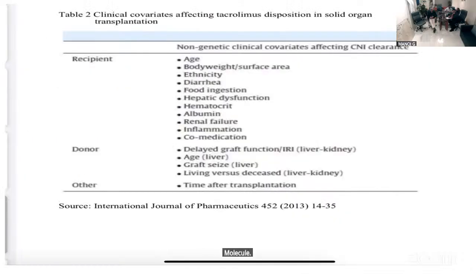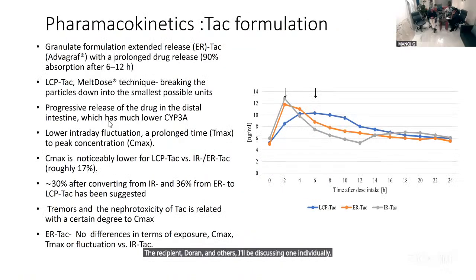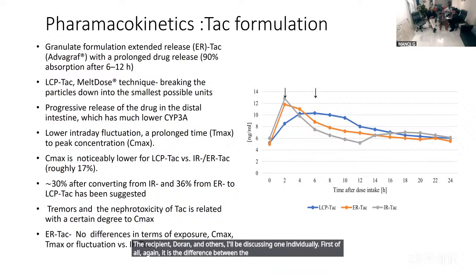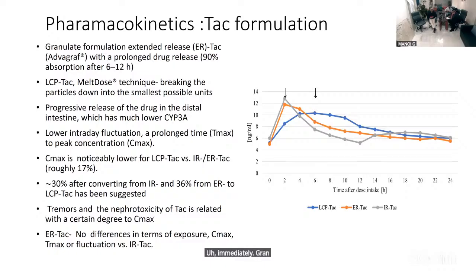Now, this slide shows that there are various factors responsible for the CNI exposure to the patient. These are age, the recipient, donor, and others. I'll be discussing them individually. First of all, again, it is the difference between the formulation, whether it is immediate release, granulate formulation, that is Advagraf, or LCP-TAC, that is Envarsus.